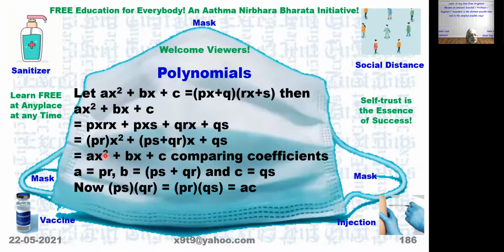Compare the coefficients of ax square plus bx plus c and pr into x square plus (ps plus qr) into x plus qs. You can see that c is equal to qs, a is equal to pr, b is ps plus qr. So a is equal to pr, b is equal to ps plus qr, and c is equal to qs.